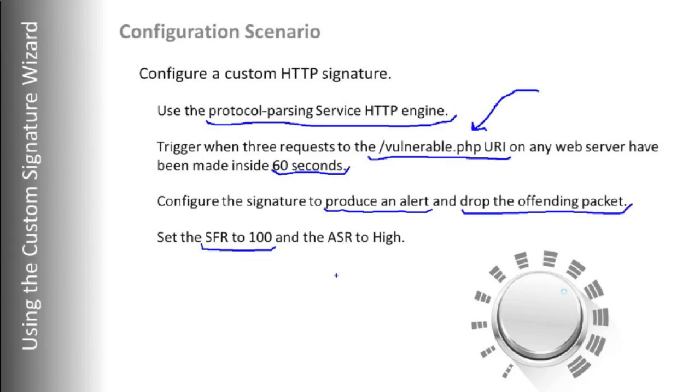What's the ASR? Well, you remember that's the attack severity rating. So we feel like, okay, this signature is absolutely dead on, and this is an attack that could indeed cause us a lot of grief.